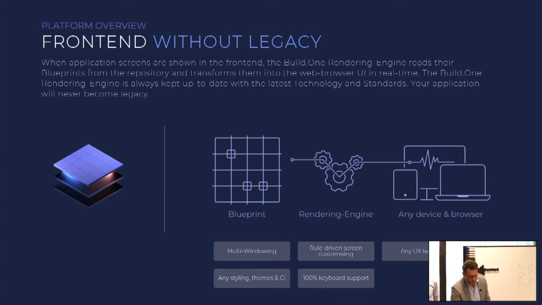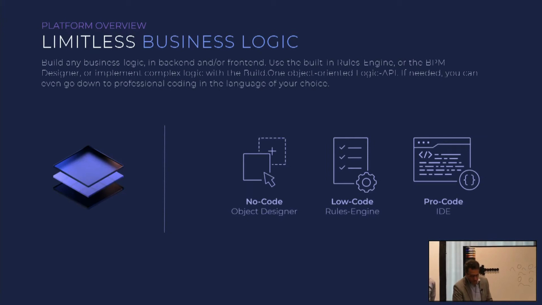That way we achieve that we'll never have legacy again, because we can always reinterpret the blueprint depending on the platform and the changes in web UI technologies and standards. That's the core idea: we combine no-code, low-code, and professional code in one platform.